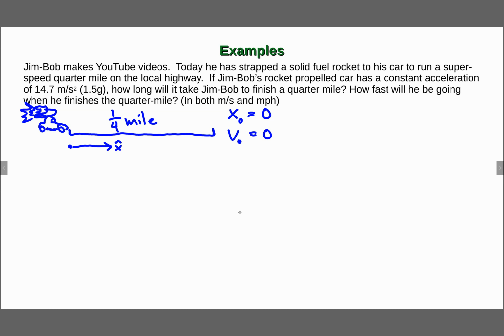So x final is equal to a quarter mile. And while we're here, let's do a unit conversion. A quarter mile, there are 5,280 feet in a mile.